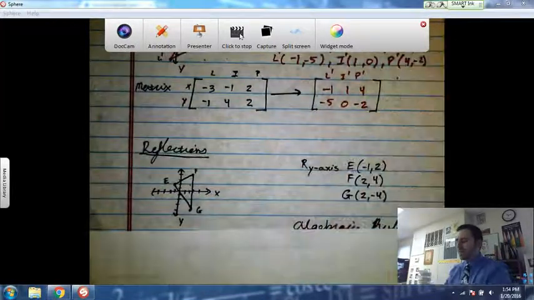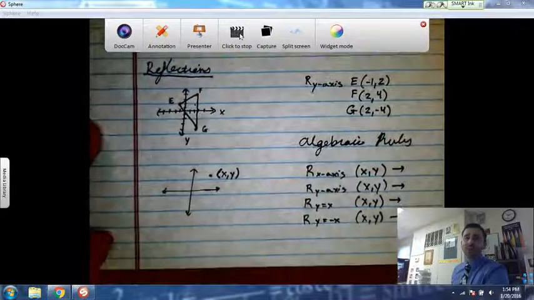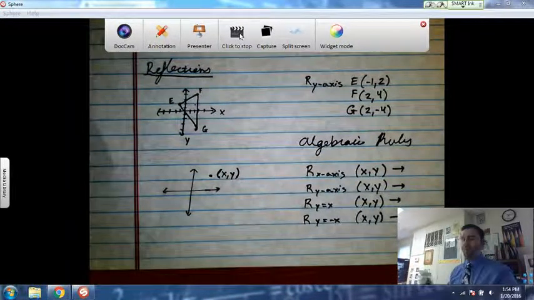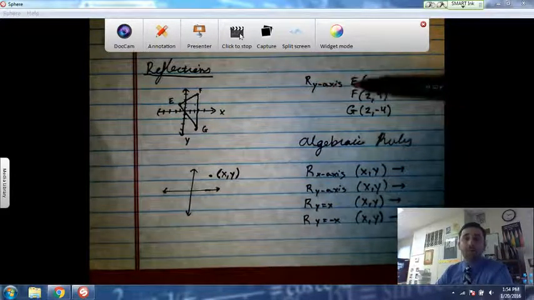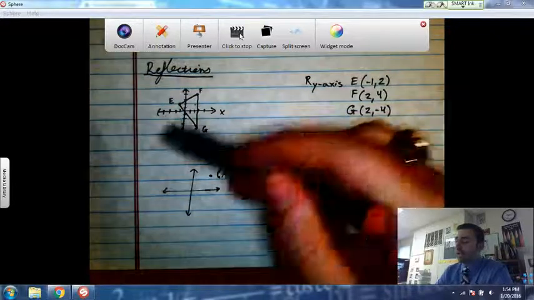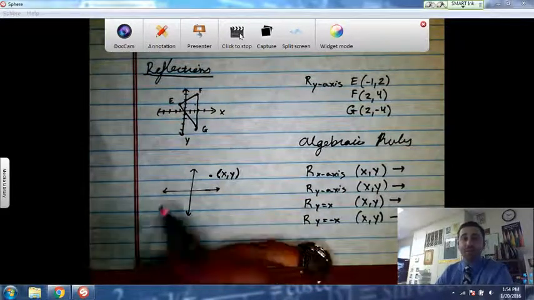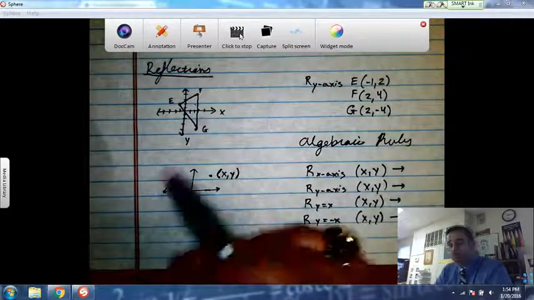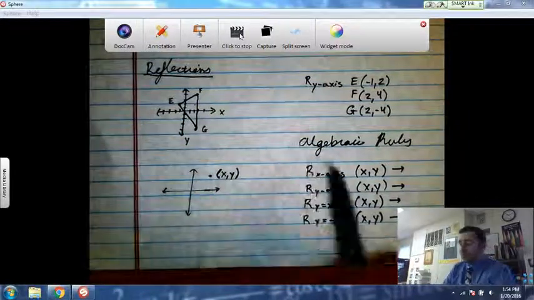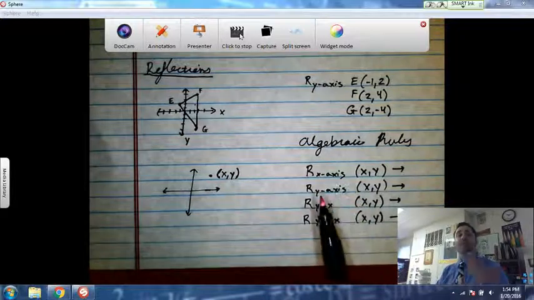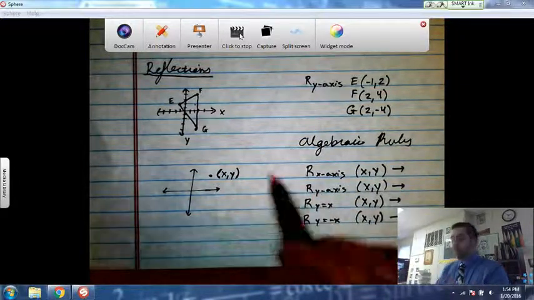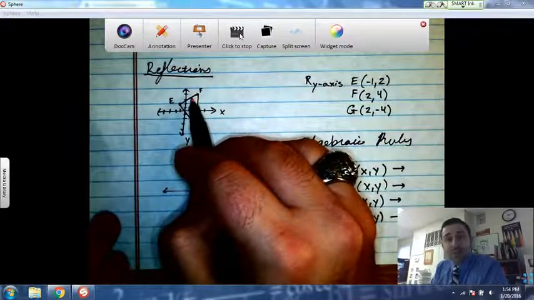The next isometry we're going to look at are reflections. Now with reflections, we have to remember, we are reflecting over a given line. Please note the notation: a capital R subscript with the line of reflection. And so I'm going to take these coordinates and reflect them over the y-axis. You can do this a couple of different ways. We can develop our algebraic rules, or we could remember that when we have a reflection, I am going to go an equal distance from the line of reflection, away from it.